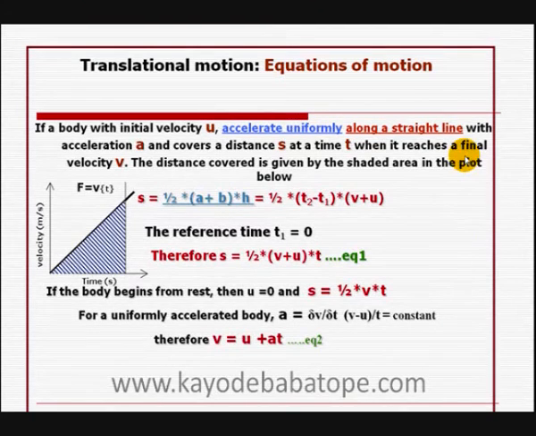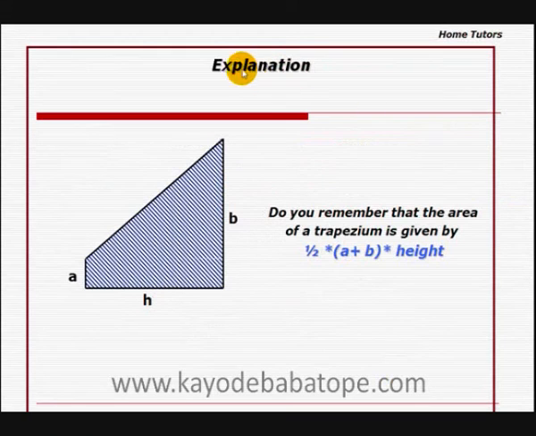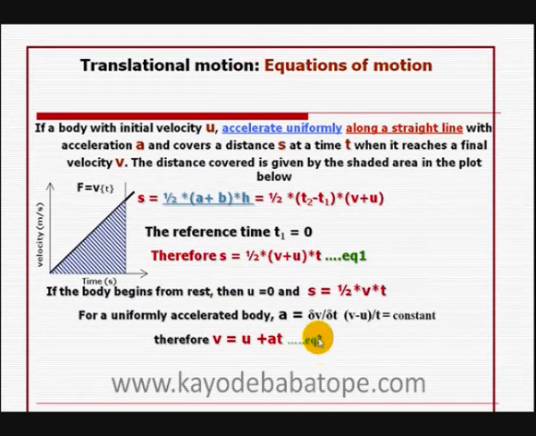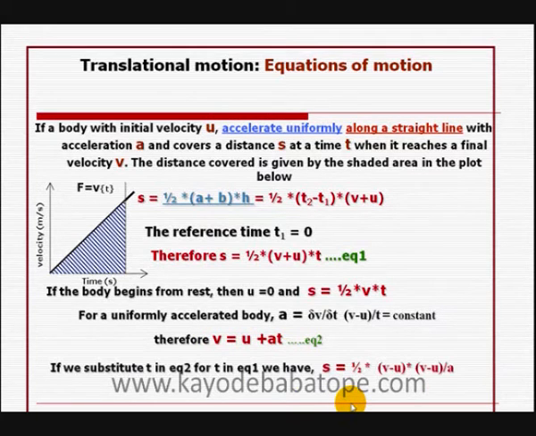Therefore, from this expression, we can make V the subject of the formula and have V equals U plus AT. This is one of the equations of motion. The first equation of motion is S equals half (V plus U) into T. And the second equation of motion is V equals U plus AT.